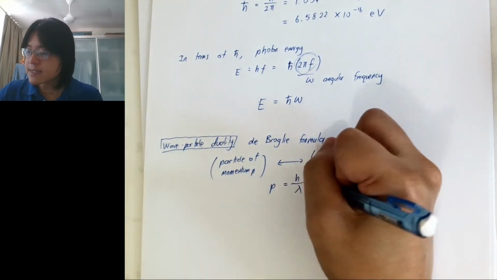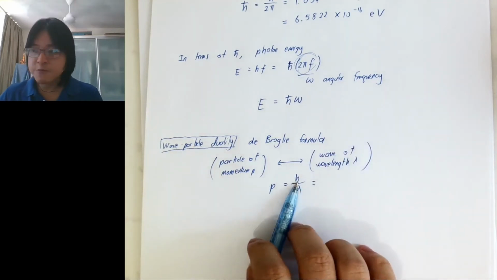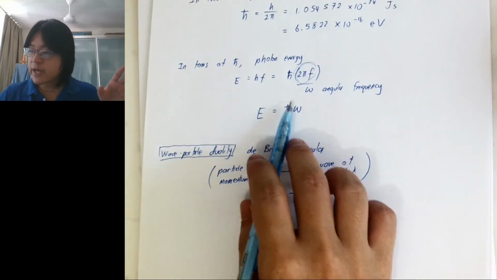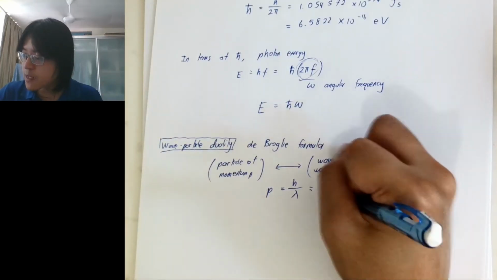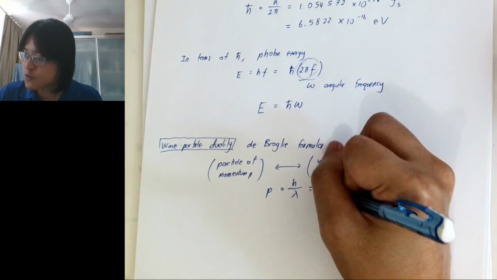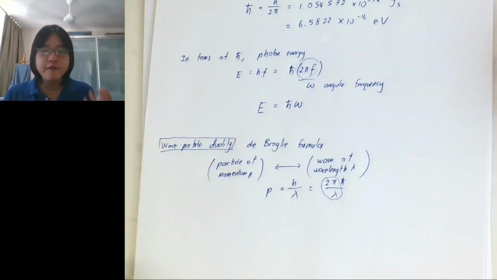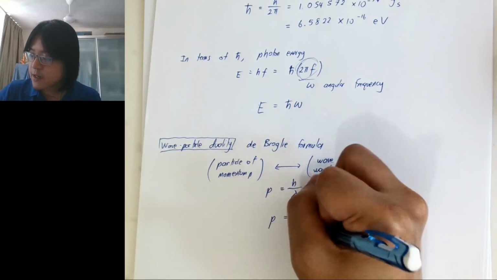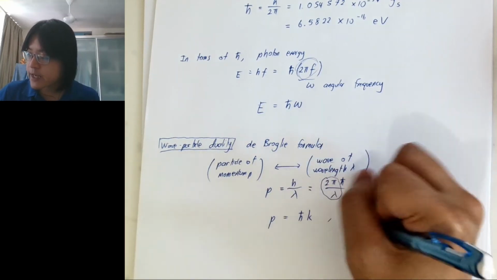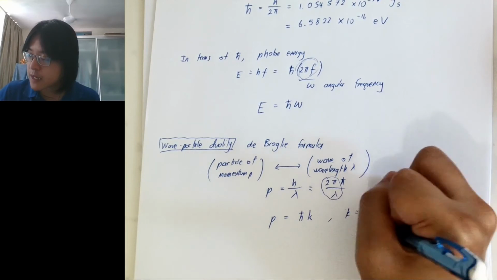But again, as I said, we will seldom use h, we will use h bar. So h is 2 pi h bar, so we get p equals 2 pi h bar over lambda, and you see 2 pi over lambda is something that might be familiar. We call this k. So p equals h bar k, where k is 2 pi over lambda. Does anyone remember this?